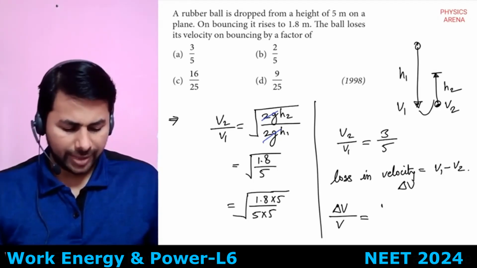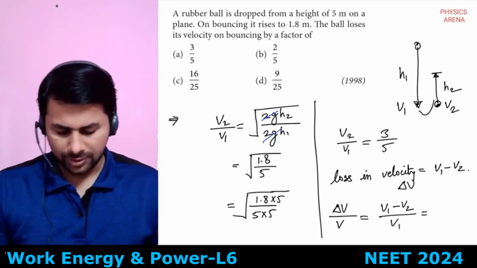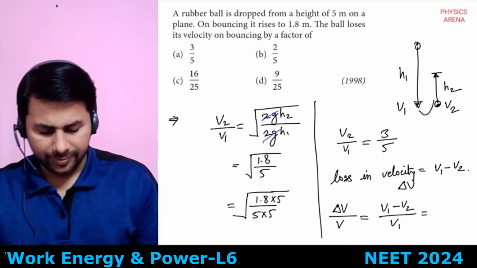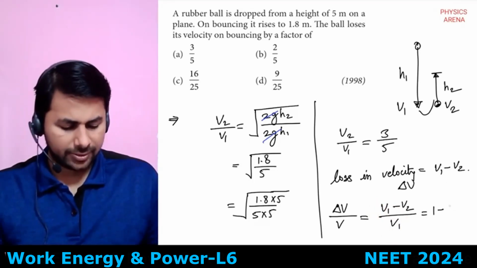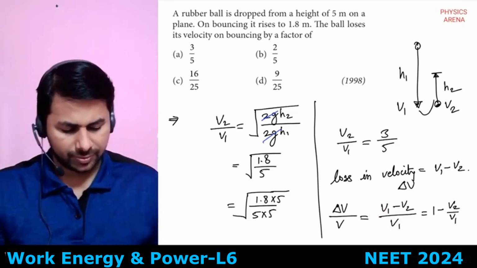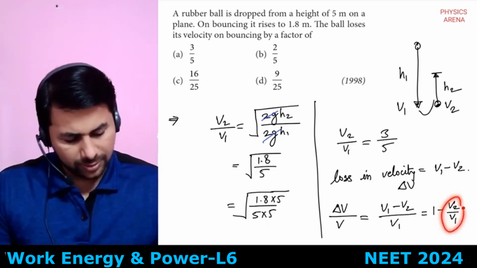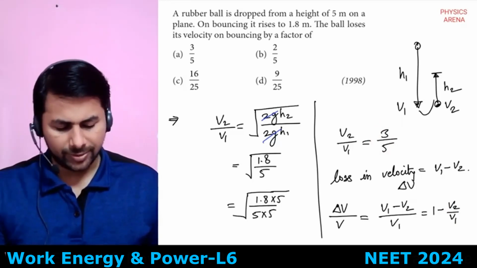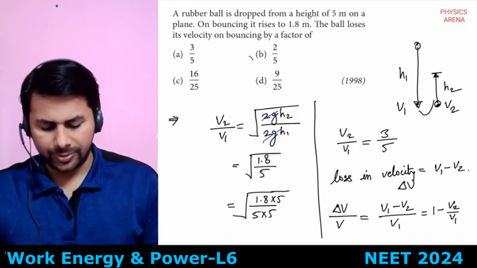That is v1 minus v2 divided by v1, and v1 upon v1 is 1, so 1 minus v2 upon v1. And v2 upon v1 is 3 by 5, so 1 minus 3 by 5 is 2 by 5. Option B.